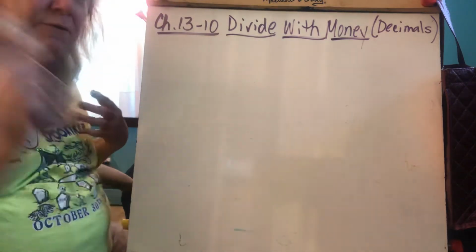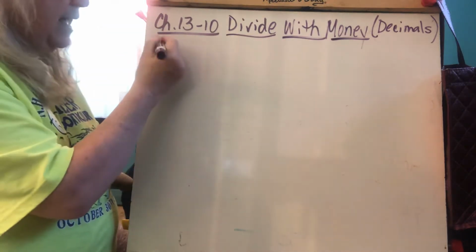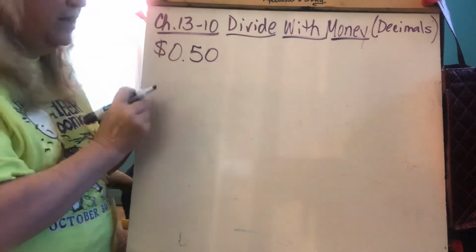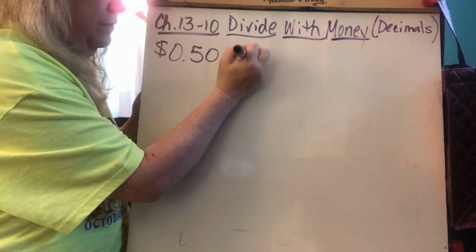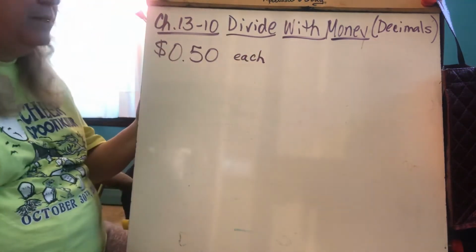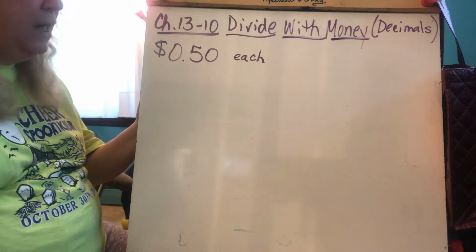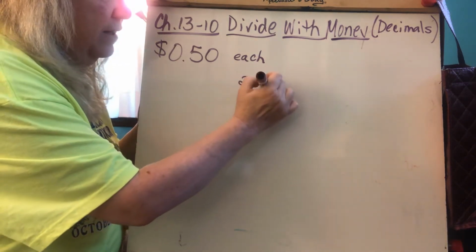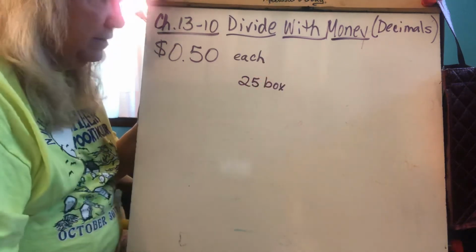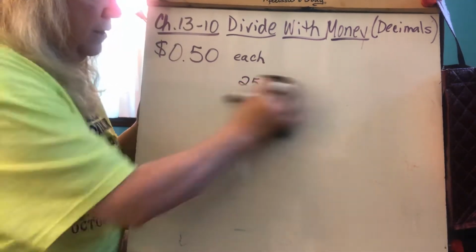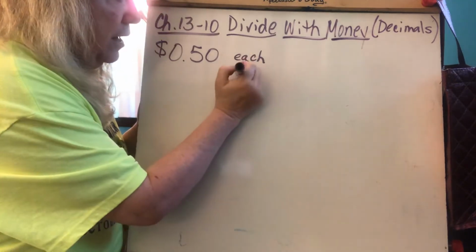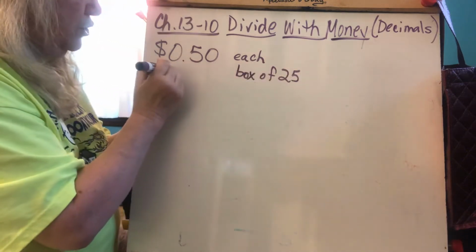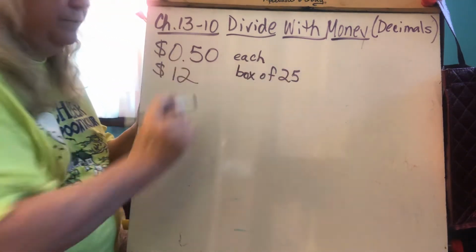The important information in your problem was that each card that Martin makes is 50 cents if you buy them separately. Okay, but if you buy a box of 25, it's going to cost you $12.